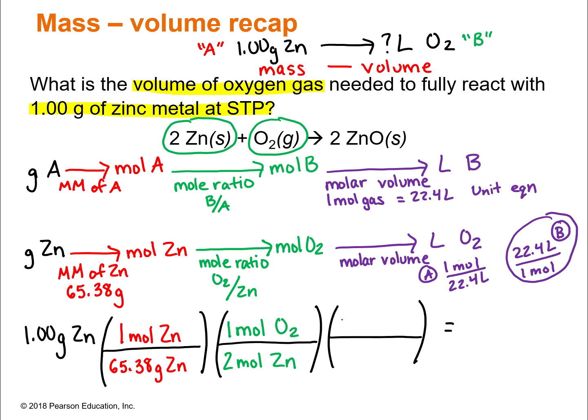We should use B. Whenever you're doing mass to volume in that order, that is the unit factor that you use. 22.4 liters over 1 mole.